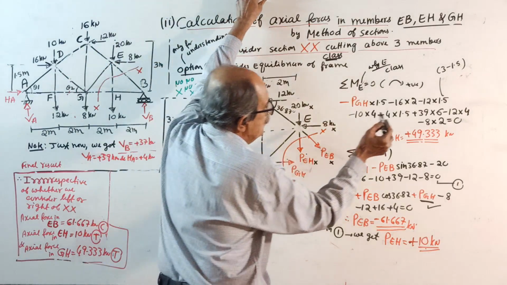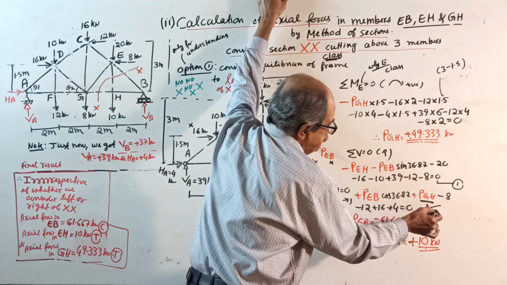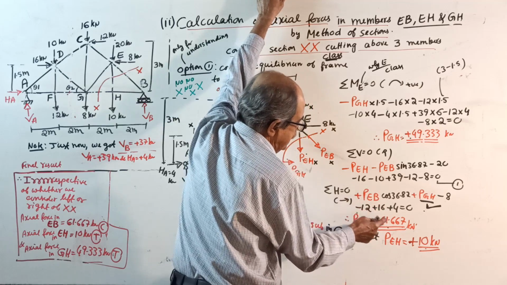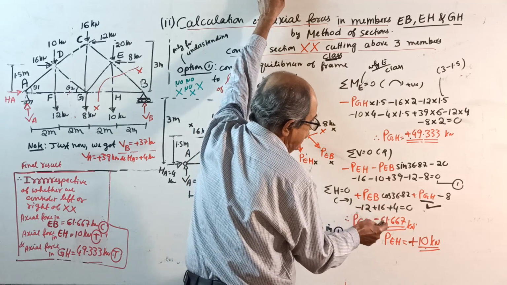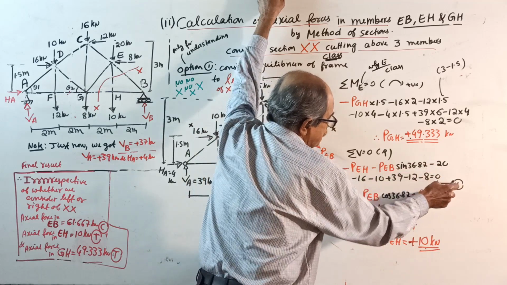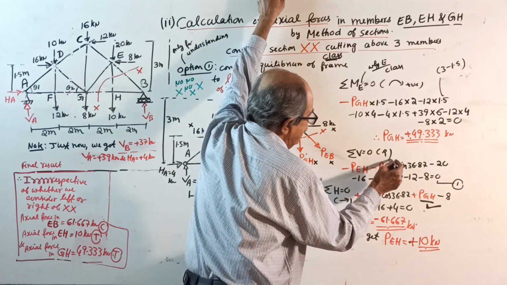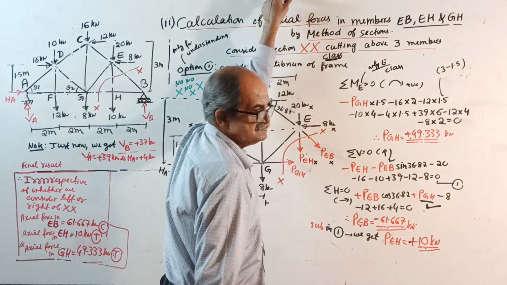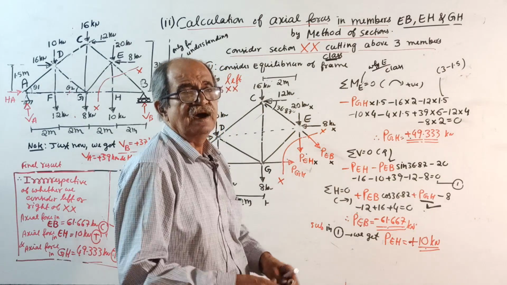But you already know the value of PGH. Substitute it and you get PEB. Once you get PEB, substitute in equation number 1 and you get PEH. Over.